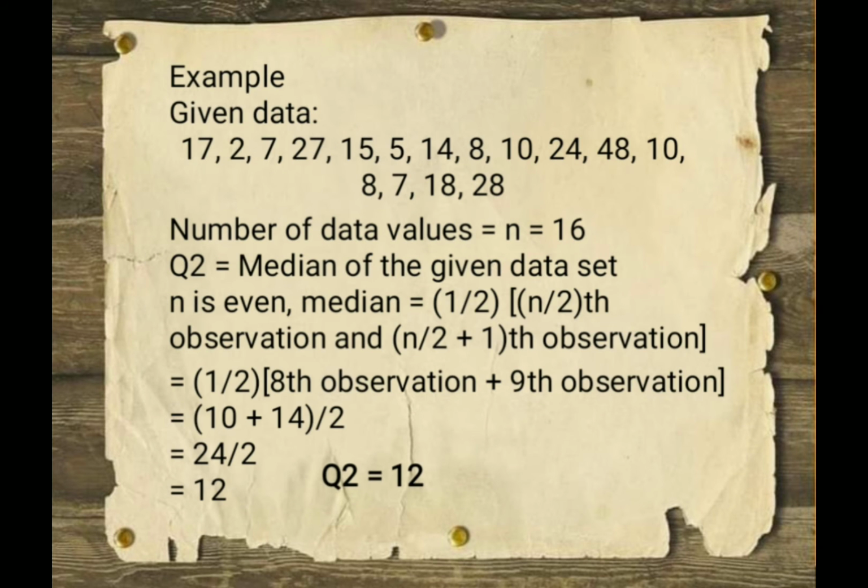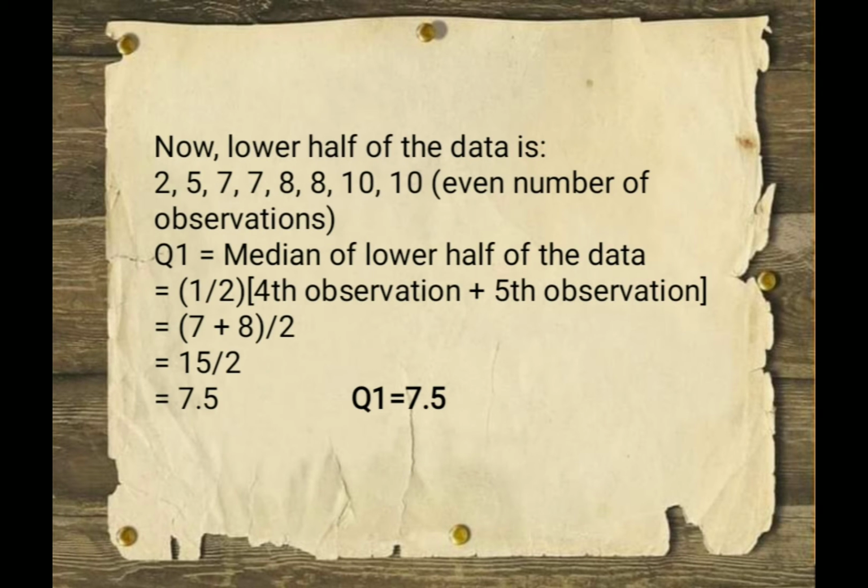We have here an example for our quartile. The following data has 16 values. Below we already have the formula for our Q2, because Q2 is the first to find. Our Q2 value is equal to 12. Now, we're going to find our quartile 1.